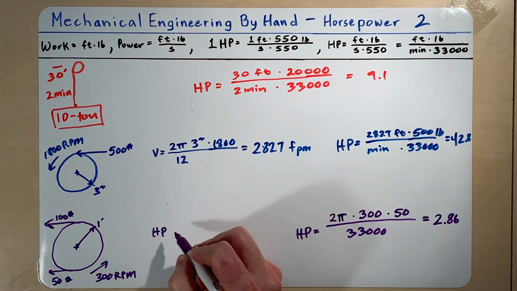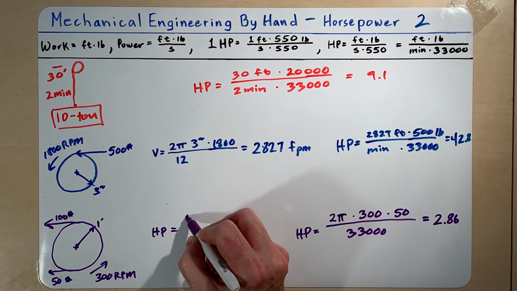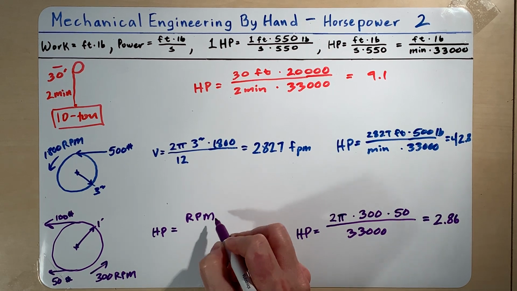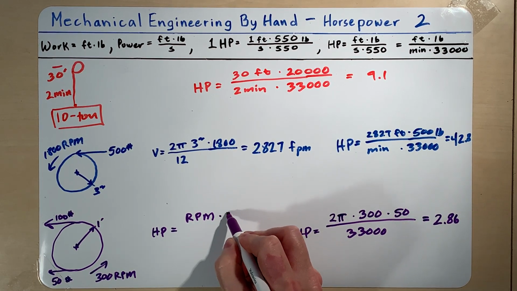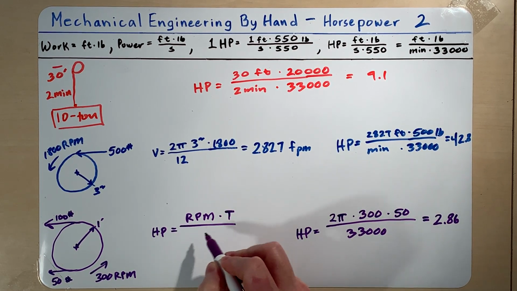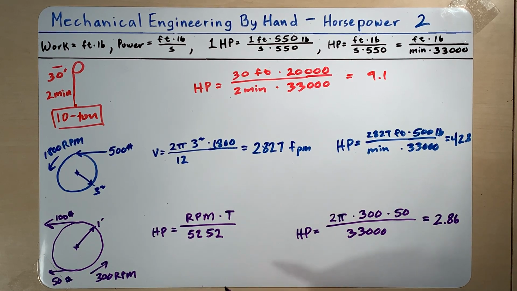Now, an equation when you're dealing with foot-pounds and RPM, an equation for horsepower you may have seen is RPM times the torque in foot-pounds over 5252, and you can see that our torque is here, 50 times the 1, I left the 1 off.